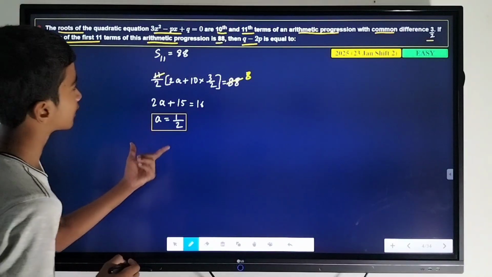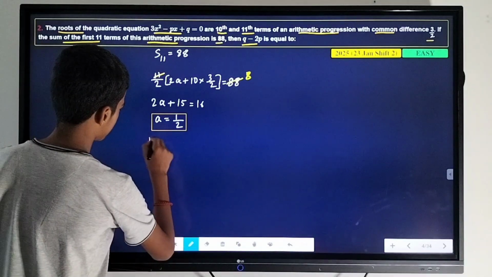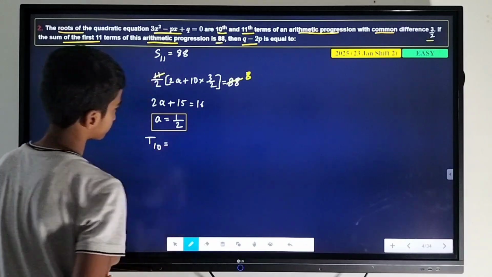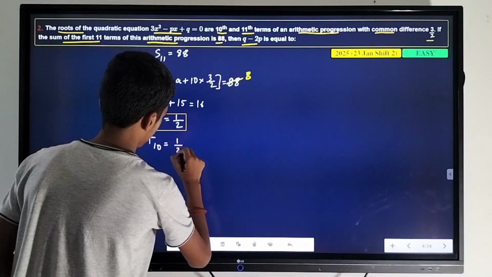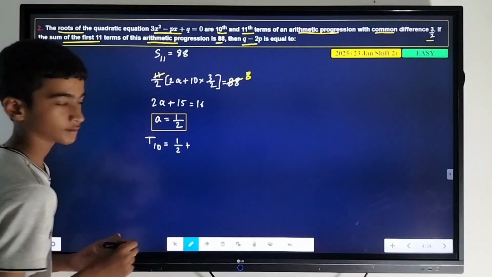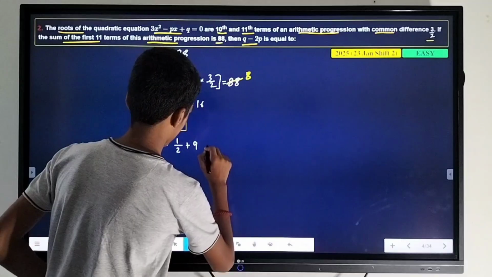Now here we have the value of a. Now we can easily find the 10th term and the 11th term. So our 10th term will be a plus n minus 1, which is 9, into the common difference 3 by 2.